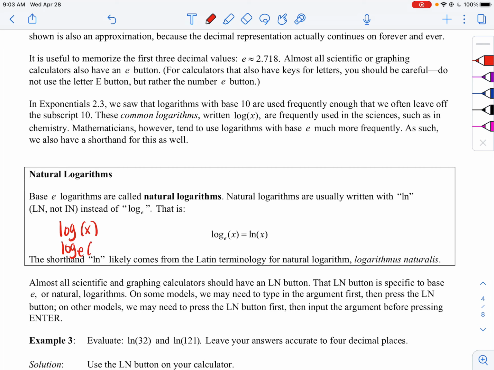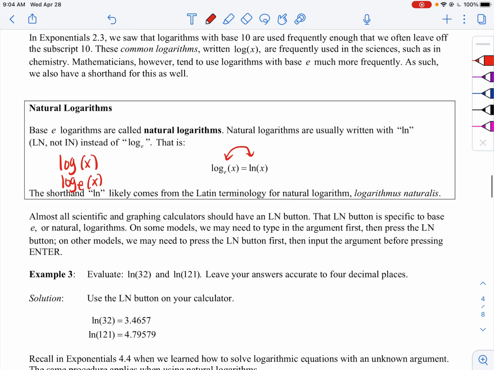But when it's written like this, with the e as the base, this is called a natural log. And natural log, log base e of x, can also be written as ln of x. So whenever you see ln of x, that is just a log with a base of e. Okay? And in future lessons, you would be seeing when do I use this e?